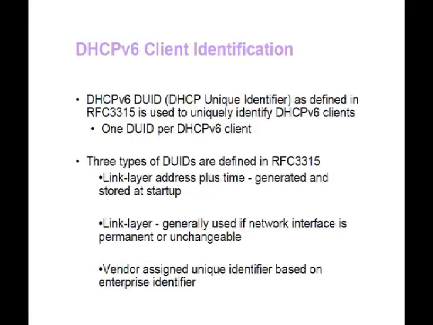Now, off of the router space, I really don't want to get tied up in all that business. I want to stay focused on DHCPv6. We're going to get into some of the protocol particulars for DHCPv6. In V6, we use the notion of a DUID, a DHCP unique identifier.